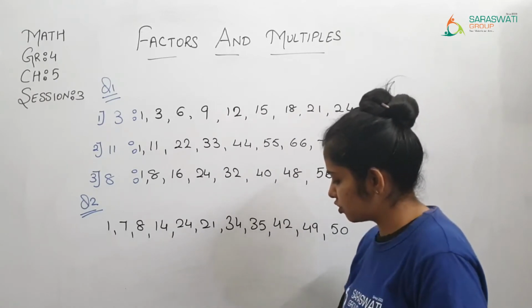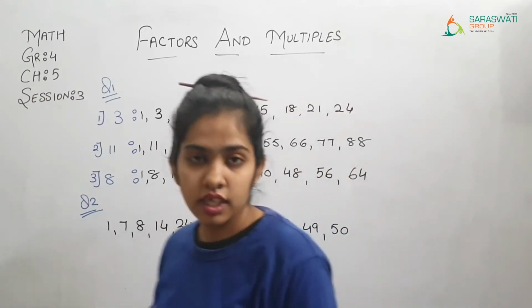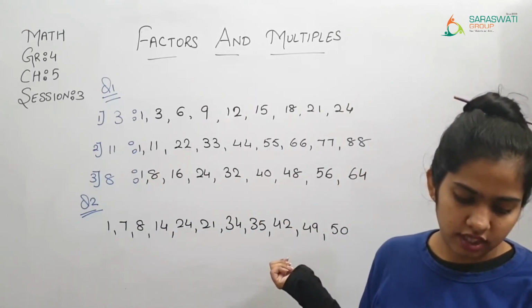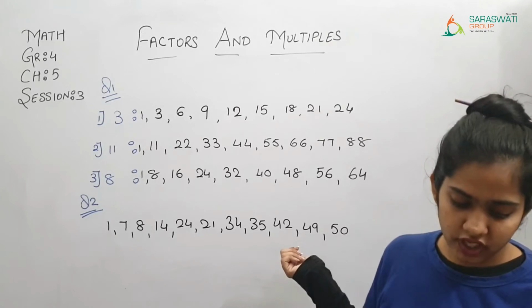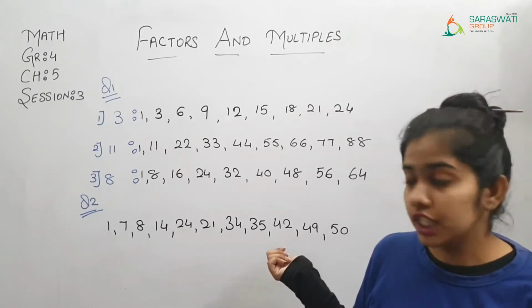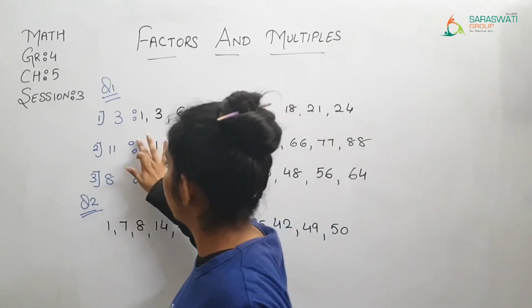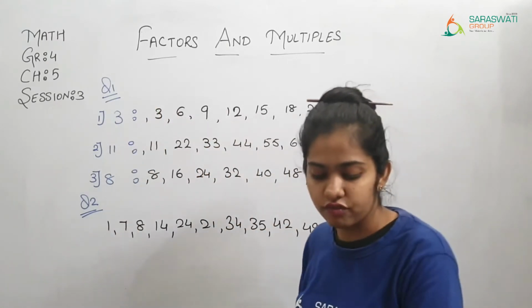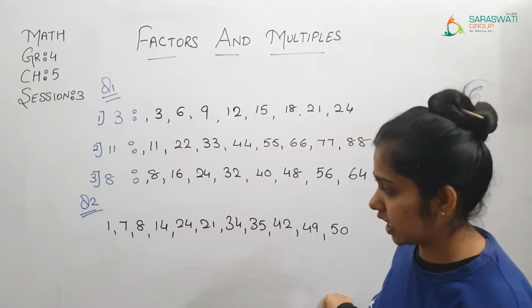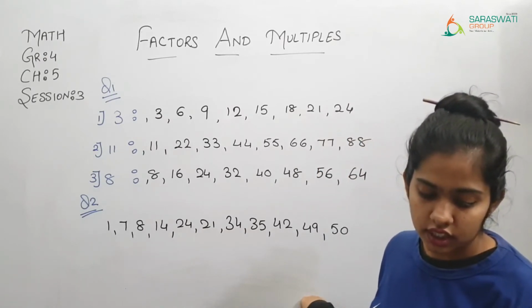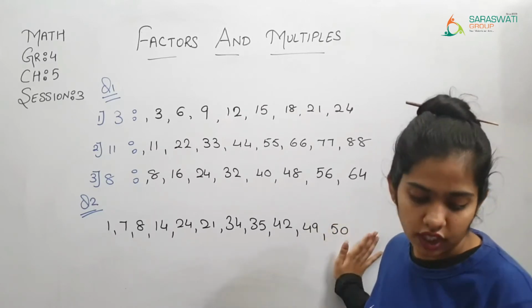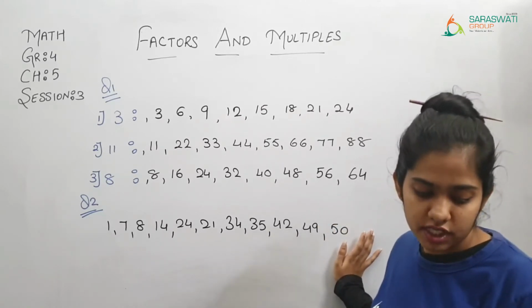Now you are supposed to find out કે આમાંથી 7 ના મલ્ટીપલ્સ કયા નથી. You are supposed to find out કે આમાંથી 7 ના કયા કયા મલ્ટીપલ્સ નથી. Sorry, you will not write 1 as 1 is just the imaginary part of that. So 1 7 8 14 24 21 34 35 42 49 50. હવે આમાંથી 7 ના કયા કયા મલ્ટીપલ્સ નથી.